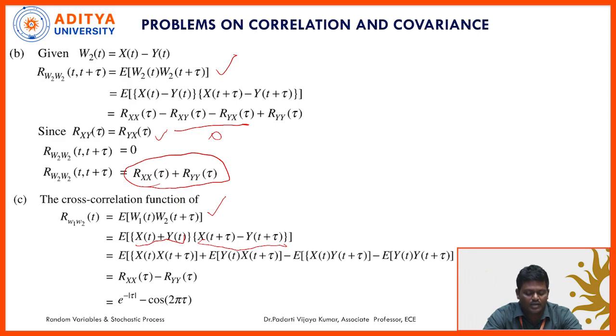Multiplying and splitting, we get Rxx of tau minus Ryy of tau. Since the cross terms become 0 because both are statistically independent, they will vanish, and only two terms will be present: Rxx of tau minus Ryy of tau. So this is the cross correlation function for W1 of t and W2 of t.